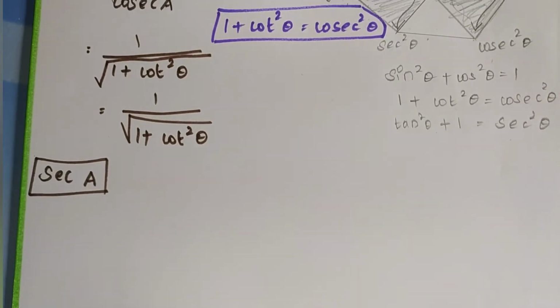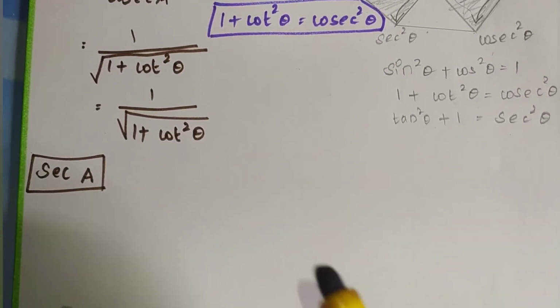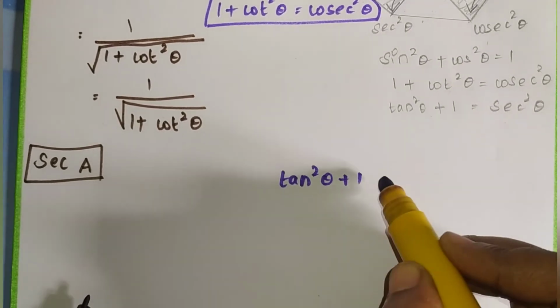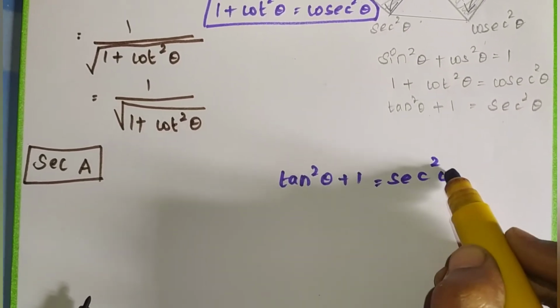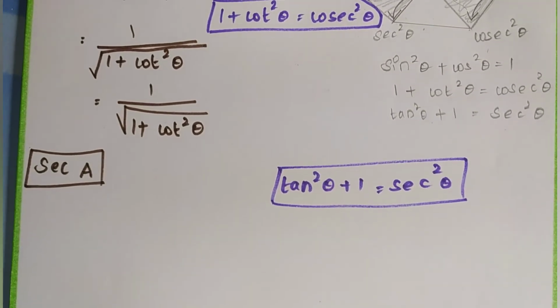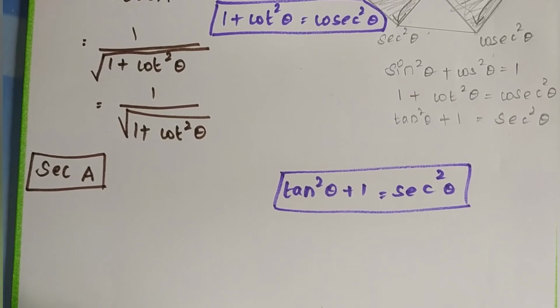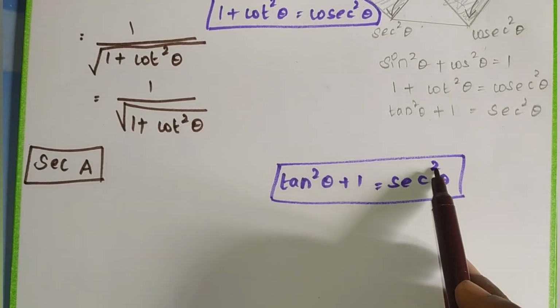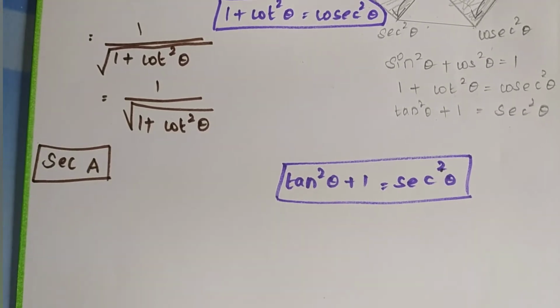First write the formula that tan square theta plus 1 is equal to secant square theta. Here we have secant A only. So you have to shift this square to the left hand side.